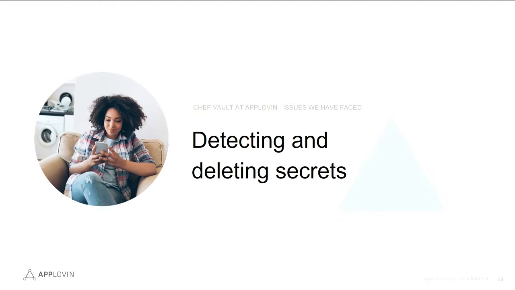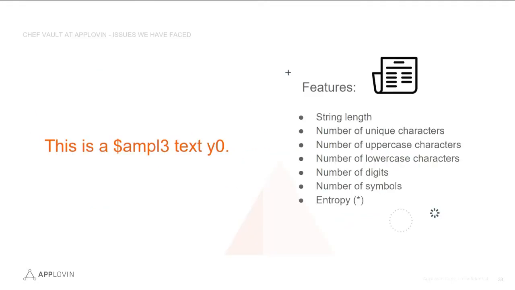Lastly, we want to be more proactive in protecting our systems. How do we detect secrets that aren't supposed to be where they are, and how do we actually delete them in our infrastructure? We leverage machine learning to do that.